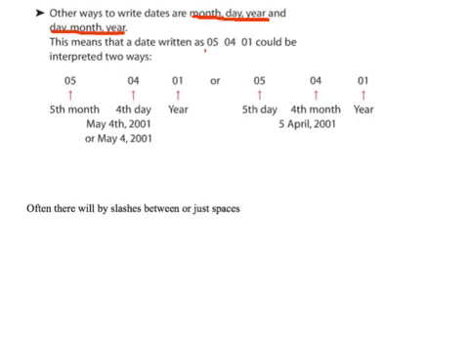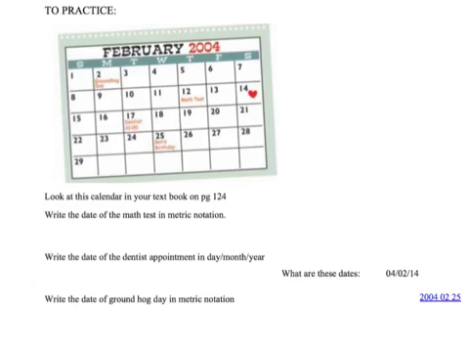So when you're looking at this date, it can be hard because you don't know, are they looking at the 5th month, which would be May, the 4th day, which would be May 4th, and the year 2001, or if it is the 5th day of the 4th month, which would make it April 5th. So that can be a little bit confusing at times. And again, sometimes there are slashes, sometimes just spaces.